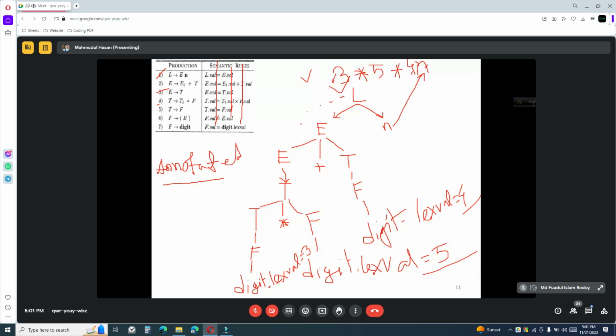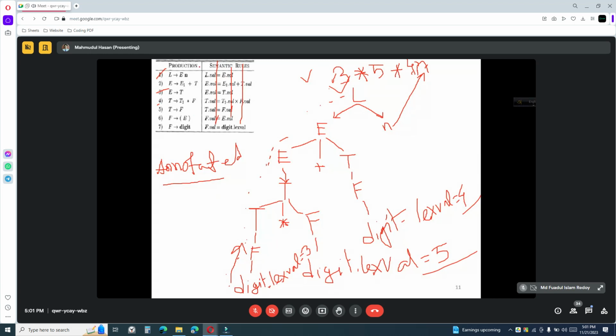This one is non-terminal, no problem. Go, go, go: top to bottom and left to right. So go here, go here. This one is T. This one is also non-terminal, so go here. That is F. This one is terminal. So when you get a terminal, you just go back. So this is the F.